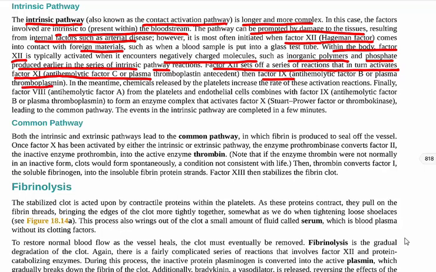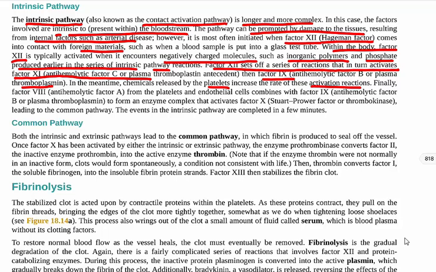In the meantime, chemicals released by the platelets. Remember, the platelets are releasing their little granules and releasing chemicals. Increase the rate of these activation reactions. So remember, the platelets are going to initiate this and continue this going. So it's going to increase the rate of this.